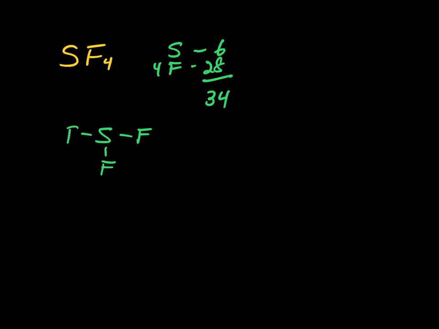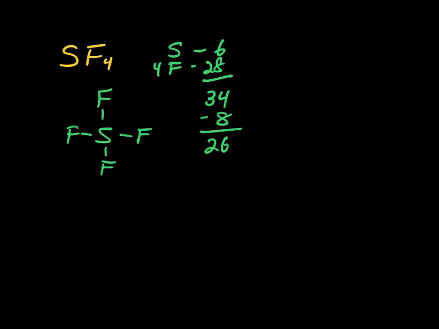Now we deal with sulfur tetrafluoride. Sulfur has 6 valence electrons. 4 fluorines would be 28, giving us a total of 34. If we draw the connected structure, we've accounted for 8, leaving 26.